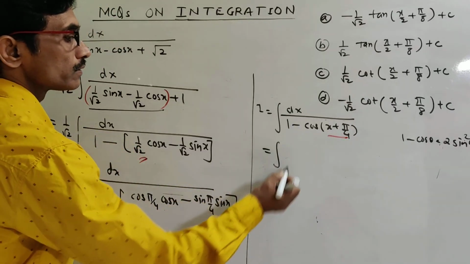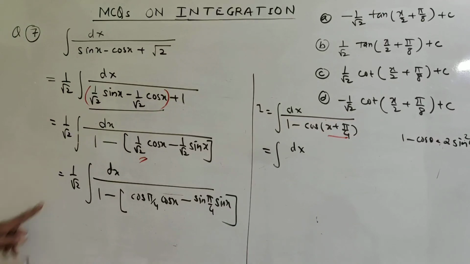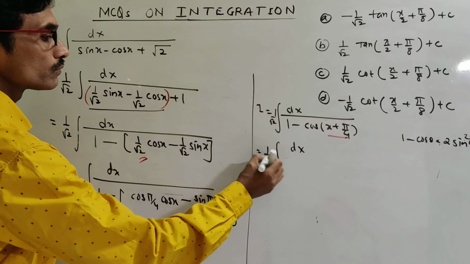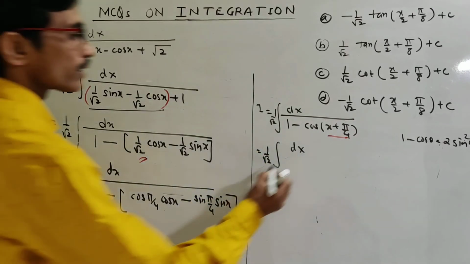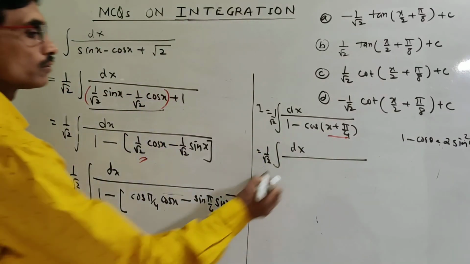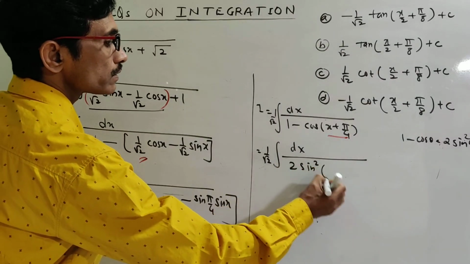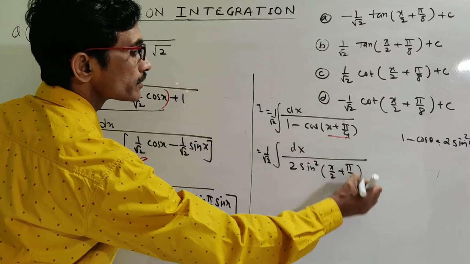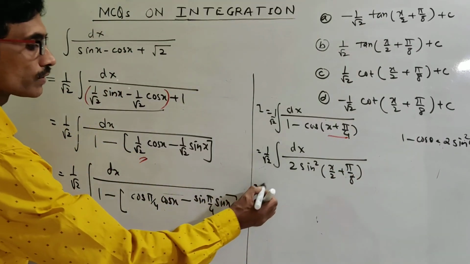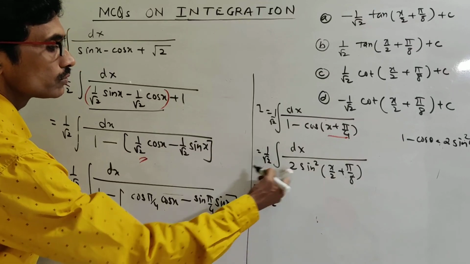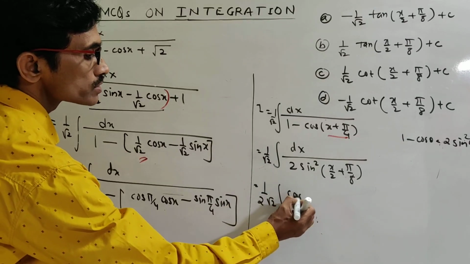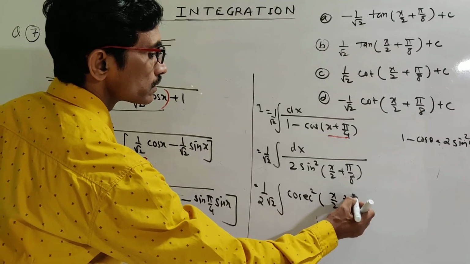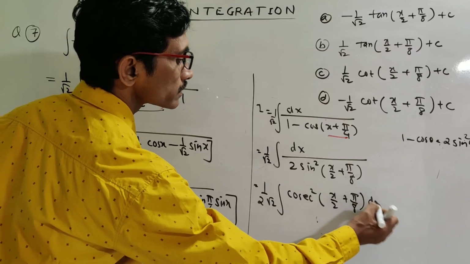So integral dx upon, here 1 by root 2 we carry here, dx upon 2 sin square, half of that x by 2 and half of that will be pi by 8. So it is 1 upon 2 root 2 integral cosec square x by 2 plus pi by 8 dx.